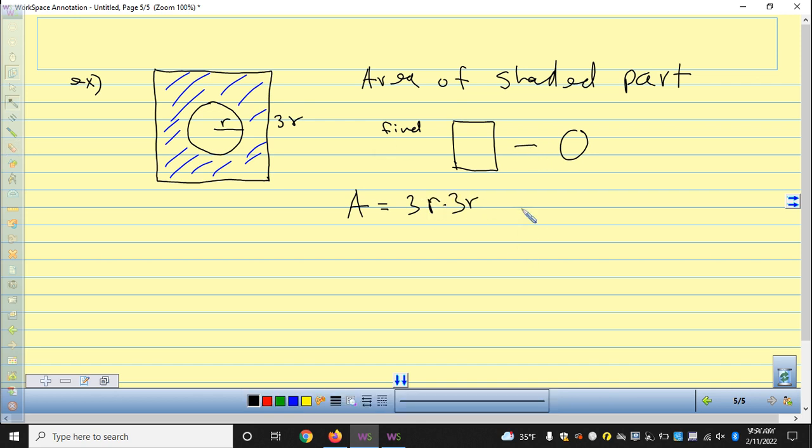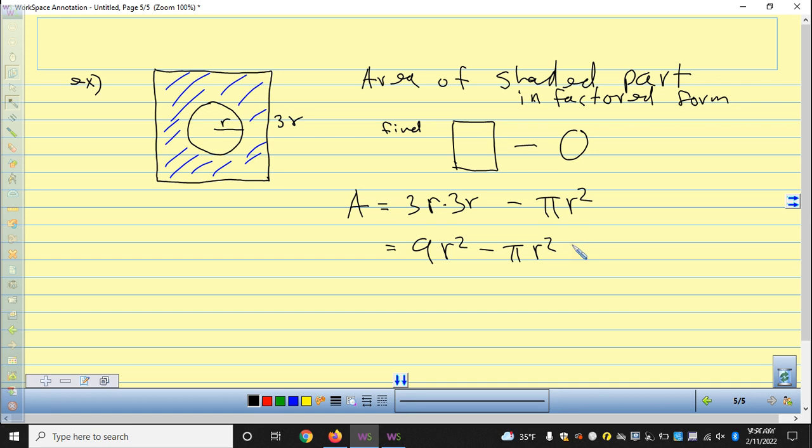The area of a circle is pi r squared. And I'm going to say in factored form here. Well, I can write 3r times 3r as 9r squared minus pi r squared.